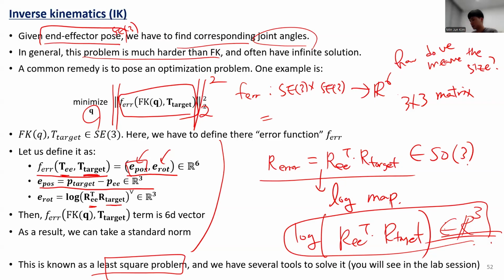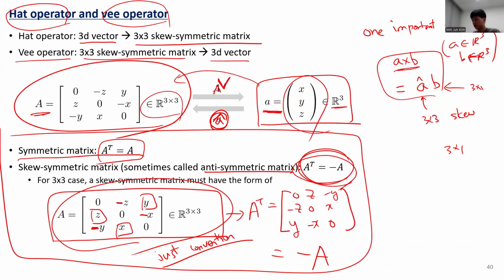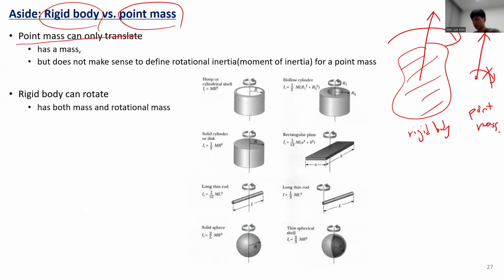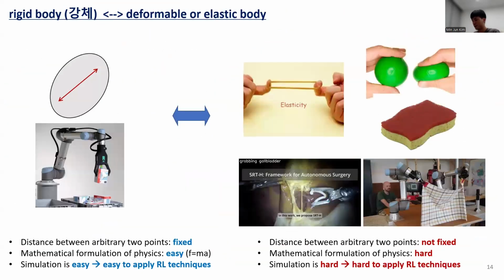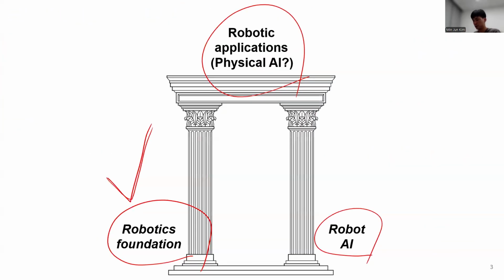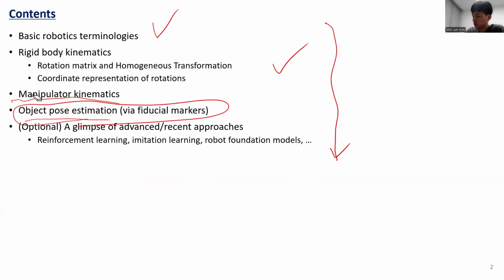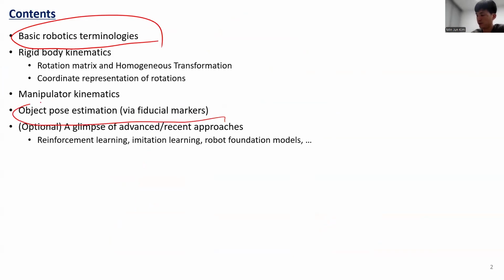All right, that's it. I think I did a little bit more than I had planned. I think it's over 75 minutes. But next time I will try to make my lecture shorter. Next time, I will begin with basic robotic terminologies, and then I'll briefly introduce pose estimation of objects using markers.